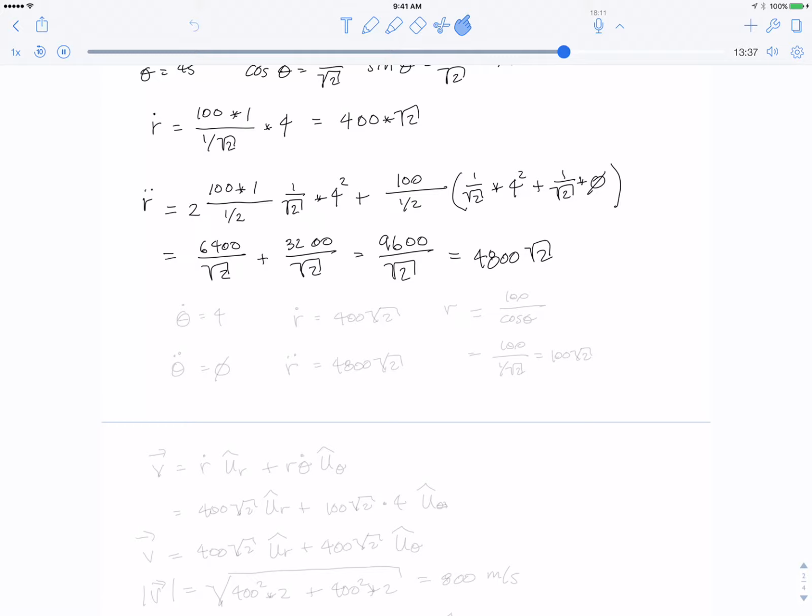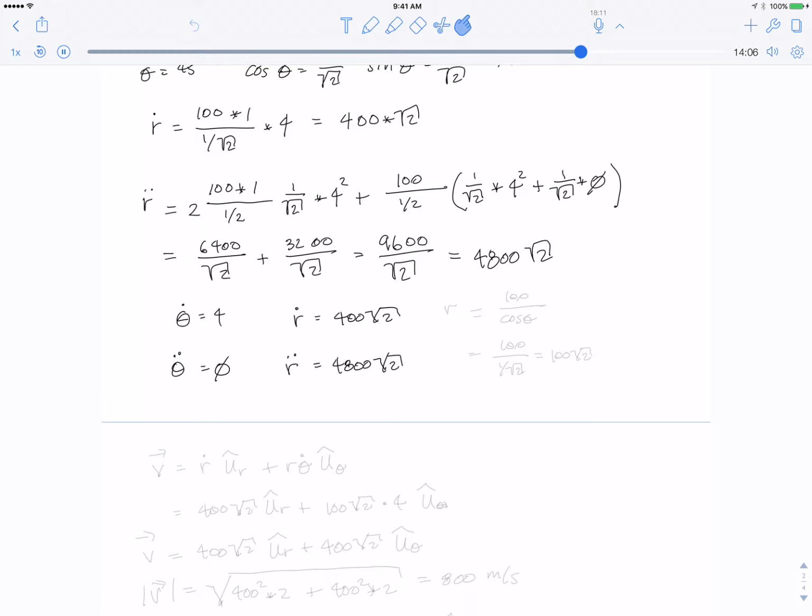So I haven't actually been looking at the solution in the book, but I think I better double check before I continue. So I'm going to double check that theta dot is 4, theta double dot is 0, r dot is 400 square root of 2, and r double dot is 4,800 square root of 2.